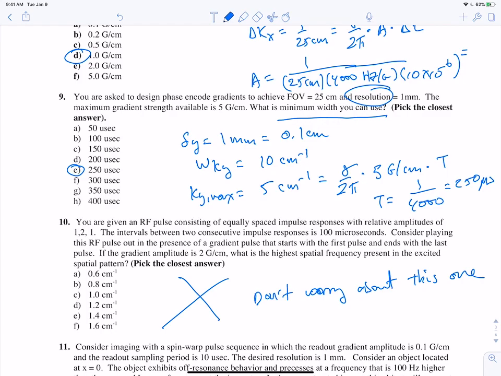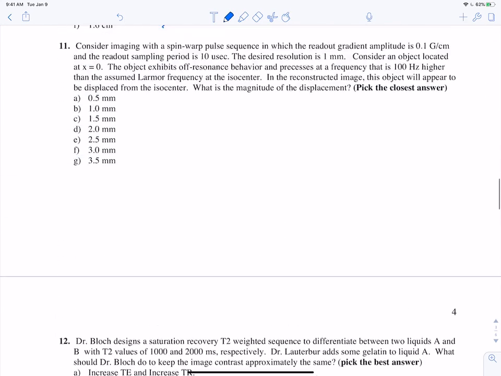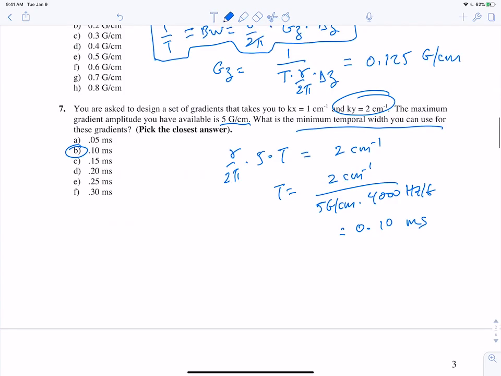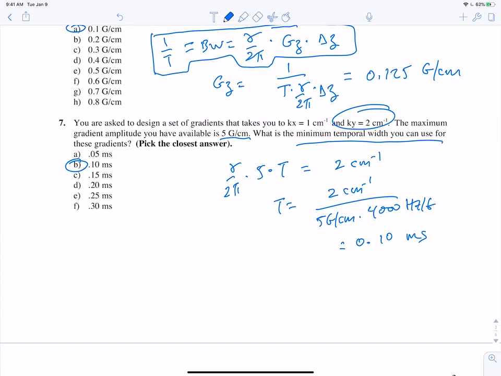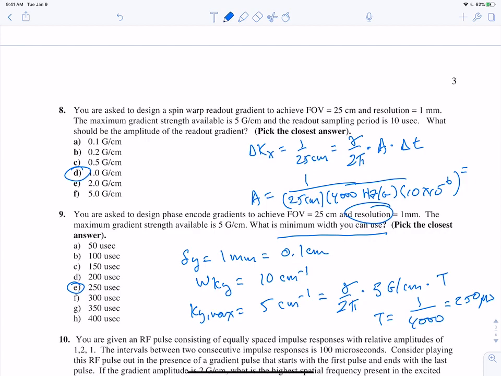Okay. Question. Yes. What's the difference between number 9 and number 7? Are they asking for the same thing, or am I understanding this wrong? They're basically the same thing, the calculation you do at the end. It's just that in number 7, you're given where you want to go, the 2 inverse centimeters. In number 9, you have to figure out that you want to go to 5 inverse centimeters.